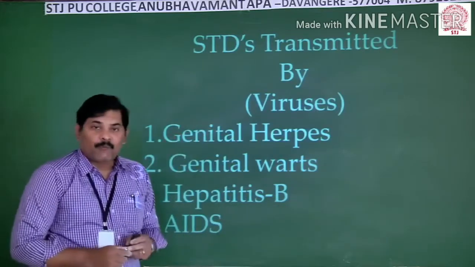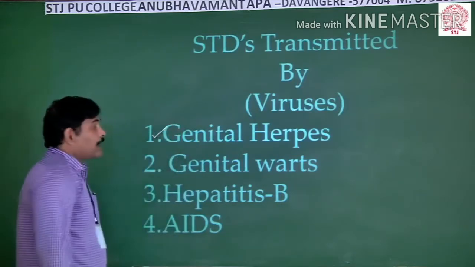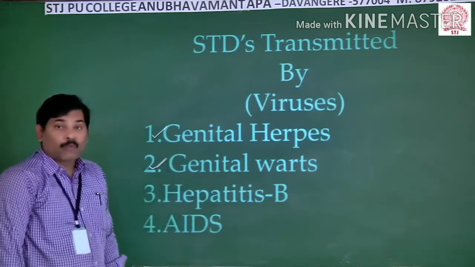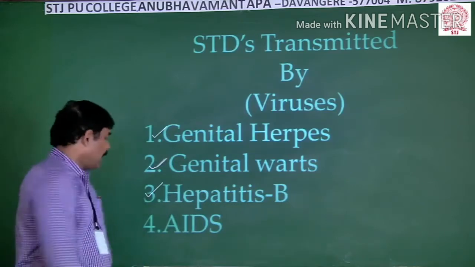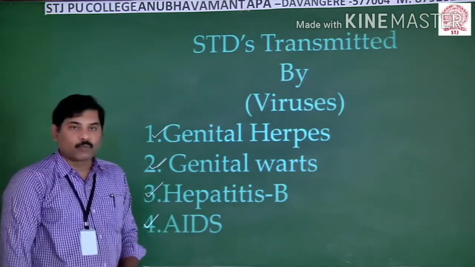Different types of viral diseases include, one, genital herpes, the second, genital warts, the third, hepatitis B, and the fourth, AIDS. You all well know about this one.